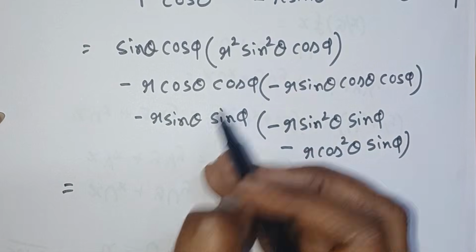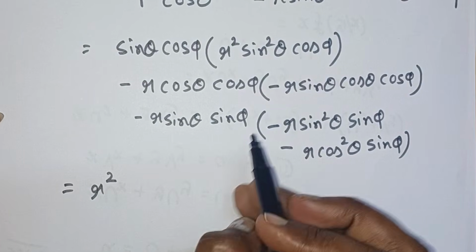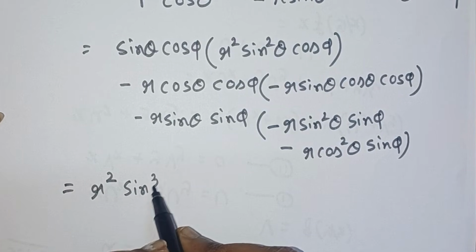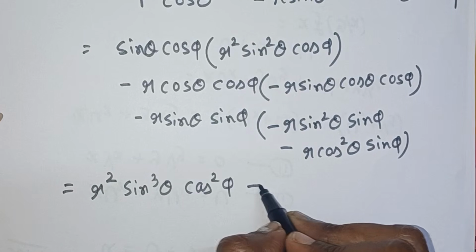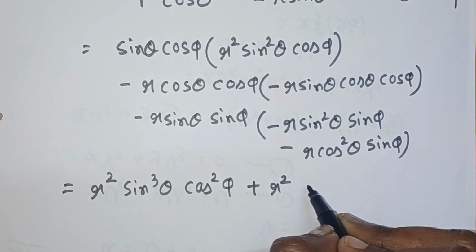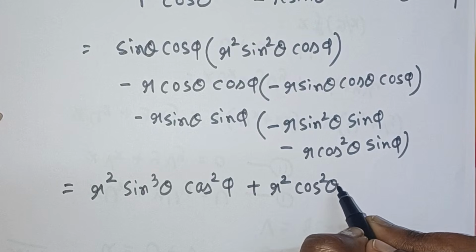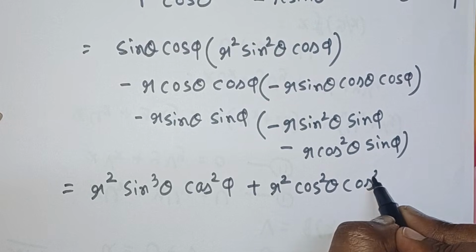So calculating, r square sin cube theta cos square phi, and minus and minus is plus r square cos square theta cos square phi.